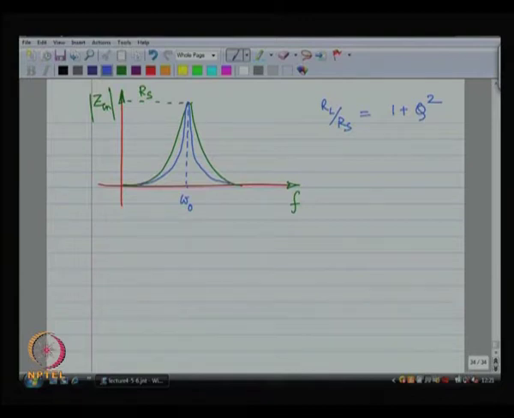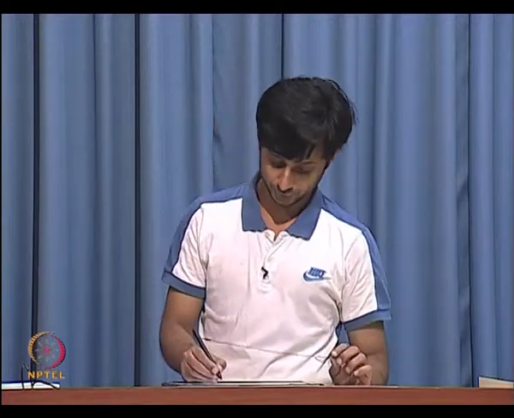Agreed? This is for the L match case. So, Q is something like this. In this case, what we are doing is we are going a step down first. So, we have two numbers Q 1 and Q 2. Q 1 is making the resistance smaller, Q 2 is going to make the resistance larger.